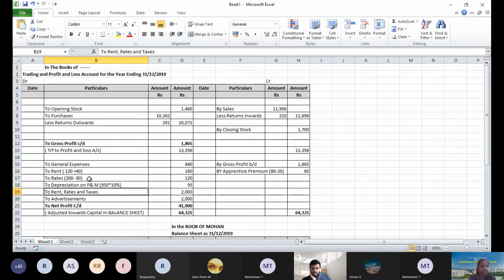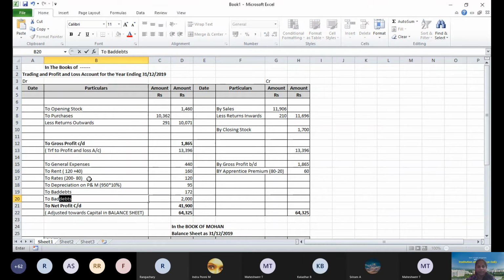Now coming to the bad debts, the most important aspect. First thing, we'll finish what is there in the trial balance. See the trial balance which I've marked in the question. Bad debts, in your P&L account, the first entry is there, 172. Please write that 172 just like that. Then after that, bad debt reserve. What is there in the adjustment?